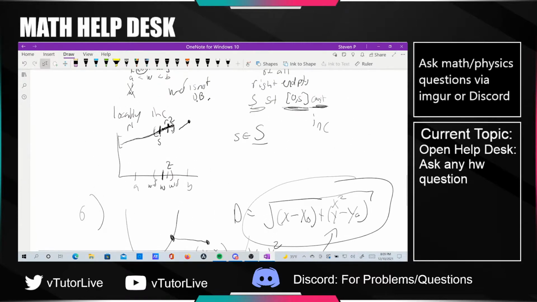Because you're not trying to argue that the functions look linear or look constant anymore, right? You're trying to argue that it's increasing. And the fact that little s is inside big S guarantees that this entire segment is increasing.